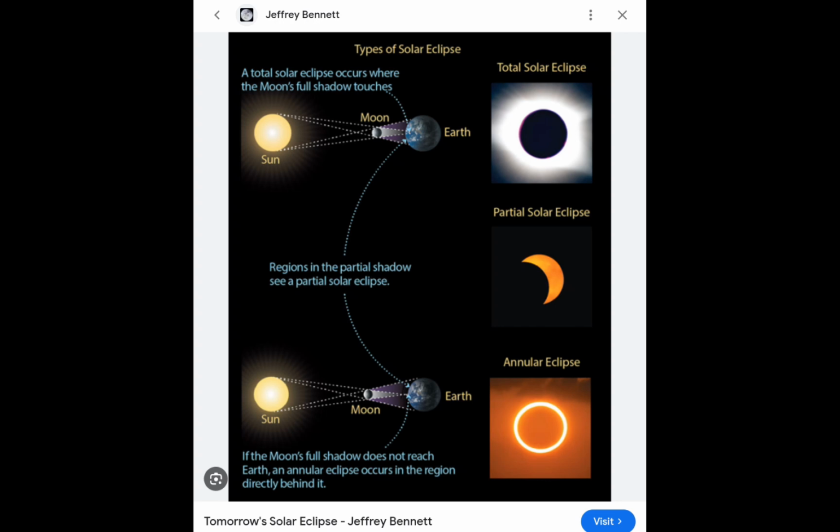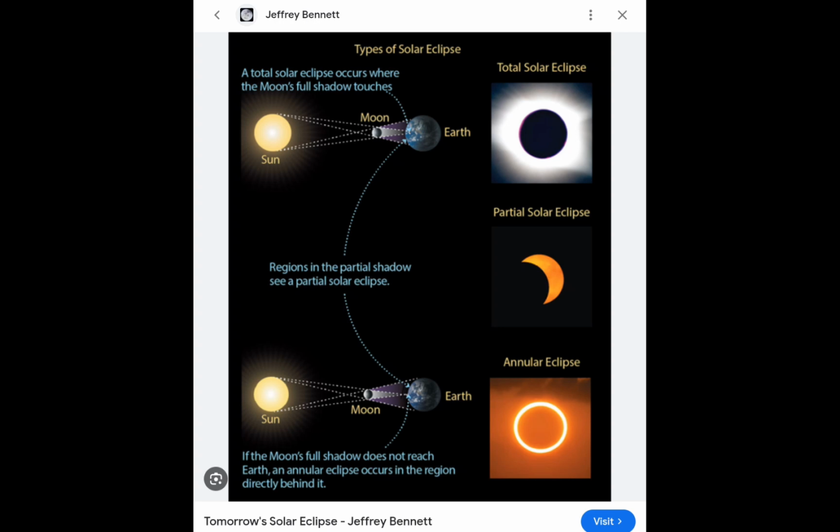This is the second picture. Types of solar eclipse. Just observe the first picture. This first picture is total solar eclipse. It is related to our question. So you only observe and try to understand total solar eclipse.